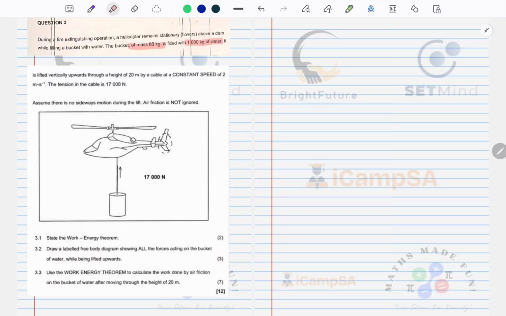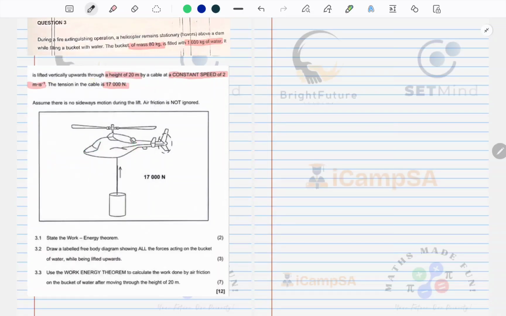It is lifted vertically upwards through a height of 20 meters by a cable at a constant speed of 2 meters per second. The tension in the cable is 17,000 newtons. Assume there is no sideways motion during the lift. Air friction is not ignored.